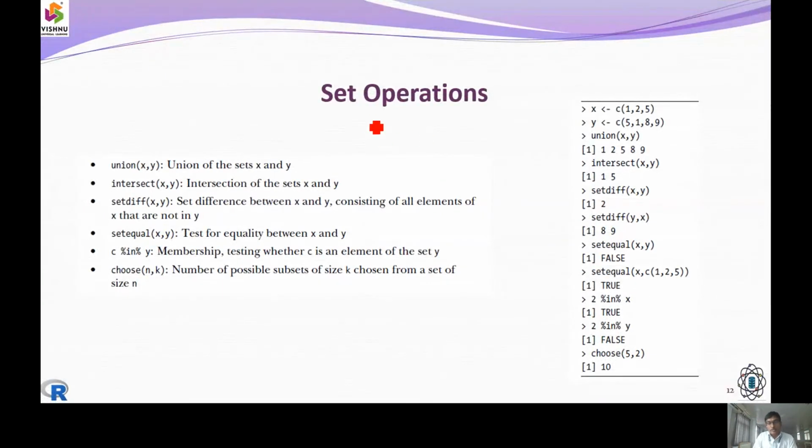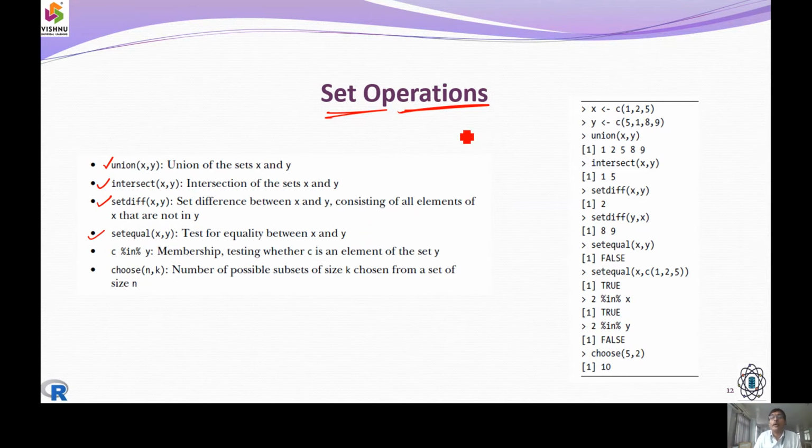Next interesting linear algebraic operations will be the set operations. In set operations, we had a lot of exposure to union, intersection, set difference, that is x and y, and whether set 1 is equal to set 2, we need to identify.